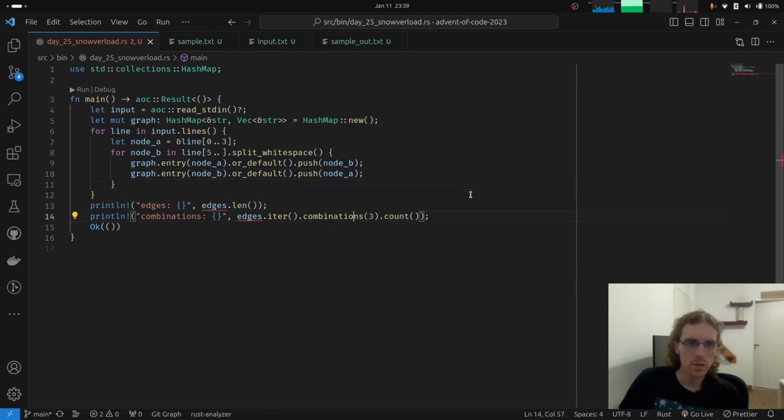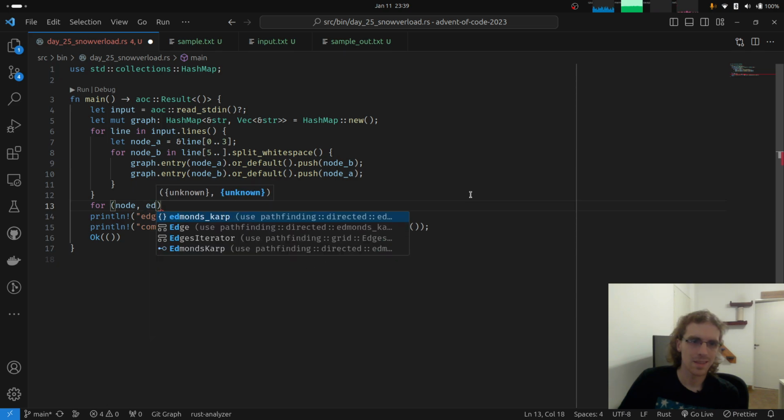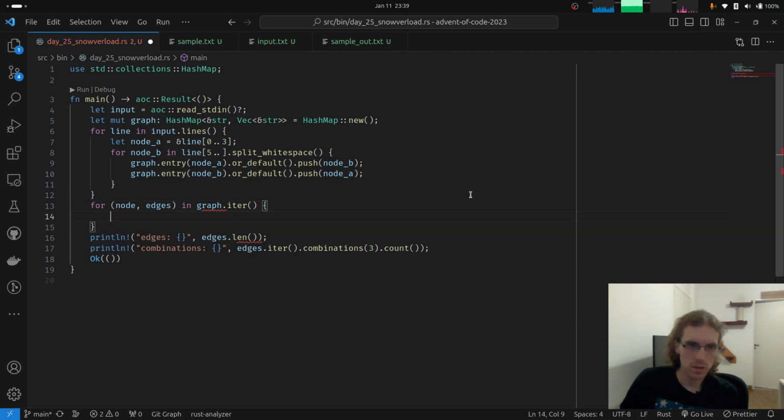We're going to say that the graph is like this. So is this the correct graph? We can maybe just print it, right? For node and edges, which is not the best name, but whatever, in graph iterator.